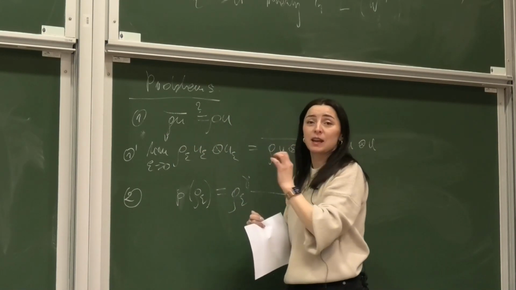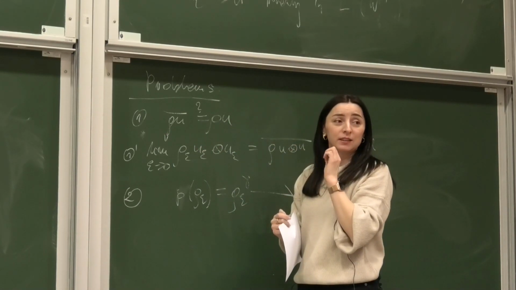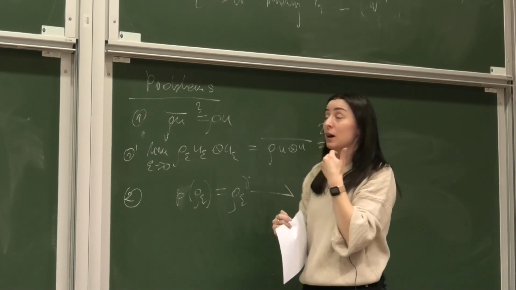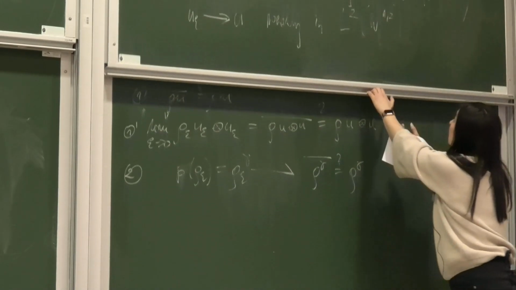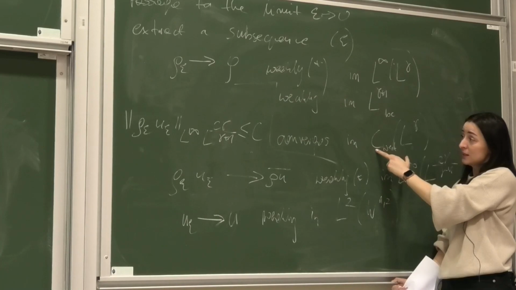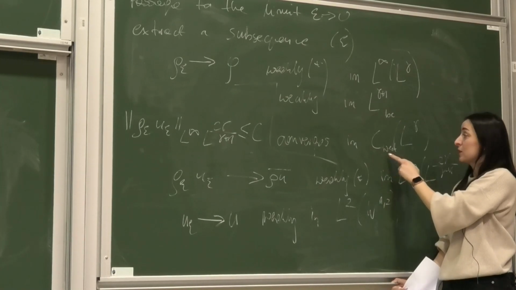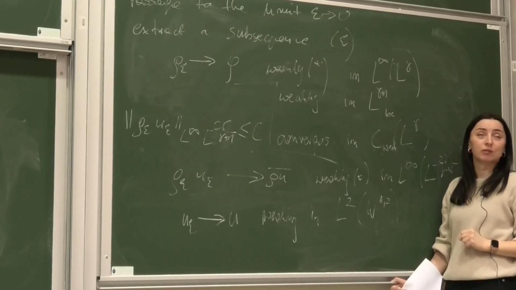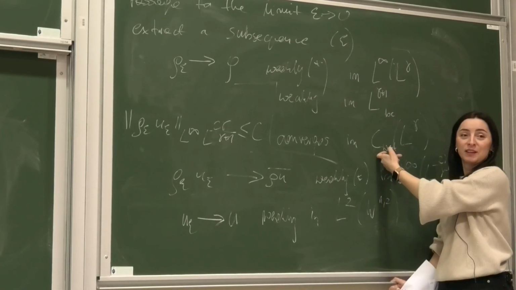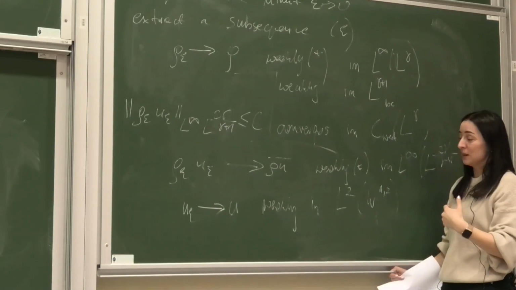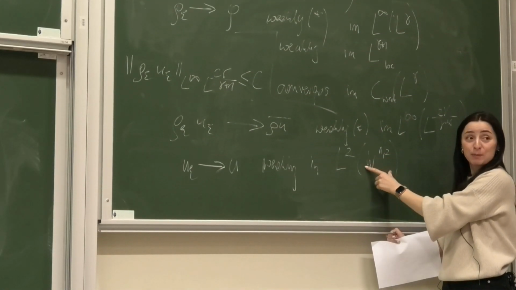But you have the same thing actually happening for the time. Why? For that, I use this observation that the approximating sequence of the density converges weakly with respect to space, but in C, it's a continuous function. Moreover, I control the time derivative in something that is exactly dual to that space.